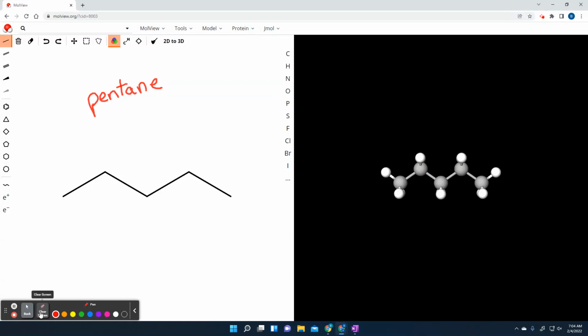If we start to add a double bond, let's say we put a double bond here between the first and the second carbons, it changes the name in a couple of ways. First and foremost, that ane ending changes to ene for a double bond, pentene.